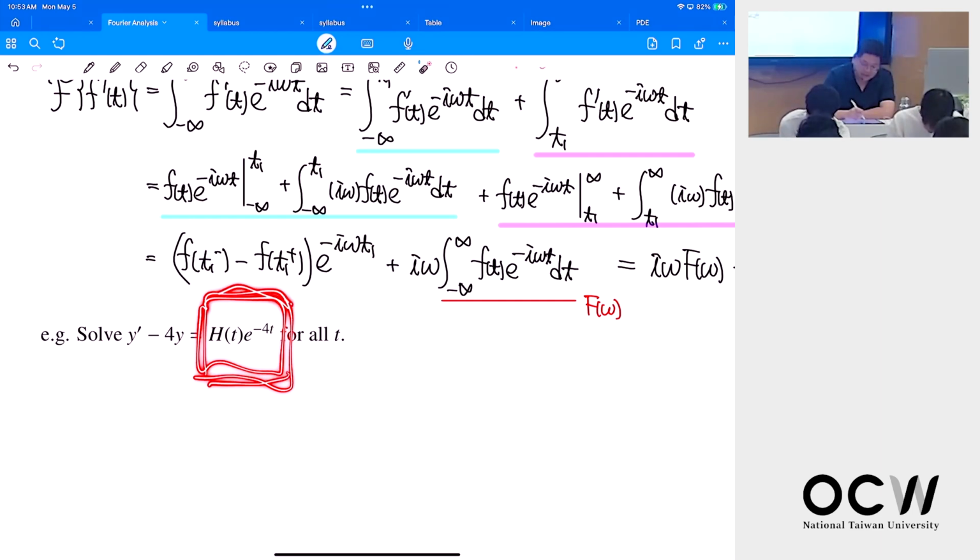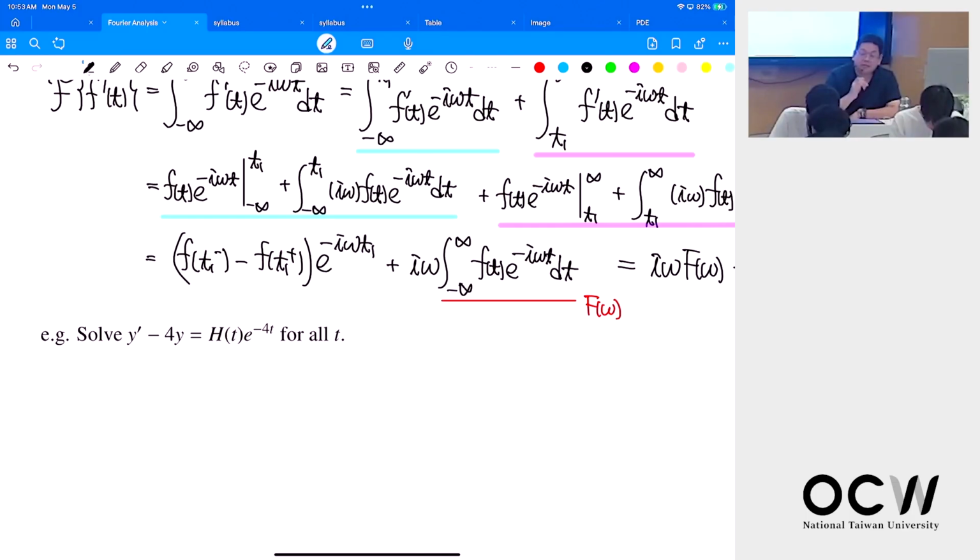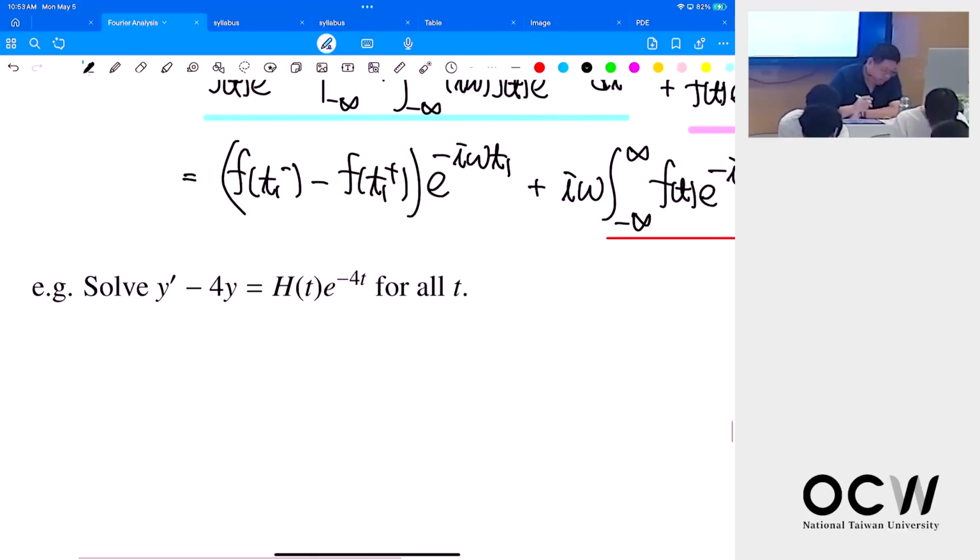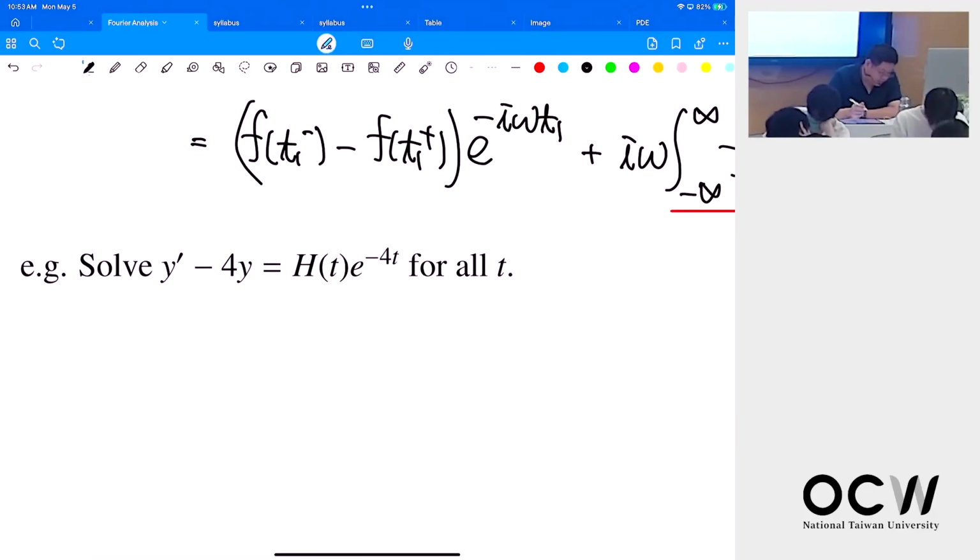We can guess, since I have an exponential, so my answer should have the exponential term. Sometimes that's more complicated or even hard to find. So we can use the Fourier transform or Laplace transform to do it. So here, let's use the Fourier transform and see how we find the solution.